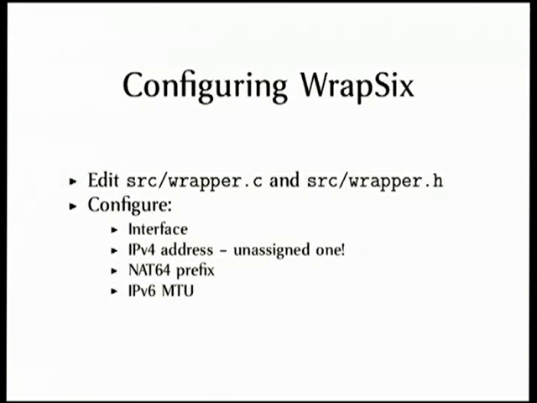You should assign it an IPv6 address, but an unassigned one, so the operating system shouldn't know about it. Otherwise, TCP won't work. Then you set up the NAT64 prefix and MTU on the IPv6 side. So if you know about some bottleneck in your network, you can set it there.